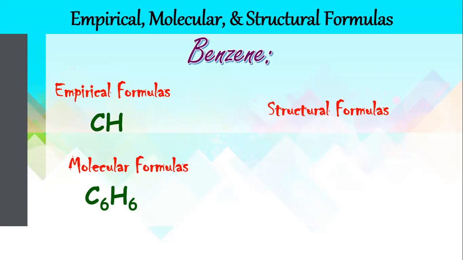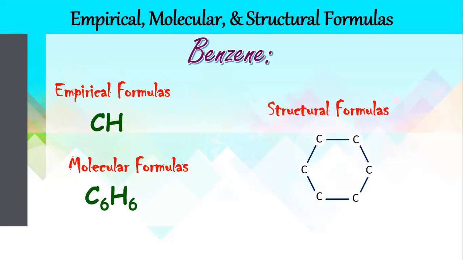And a benzene molecule would be drawn like this. All right. So you would have six carbons in a hexagon. You have one, and then going this way, two, three, four, five, and then six.